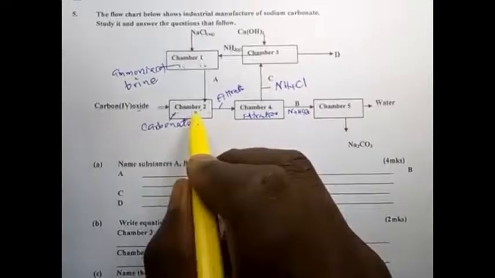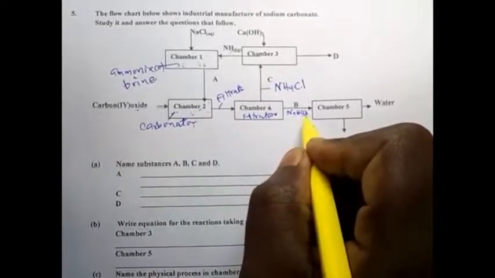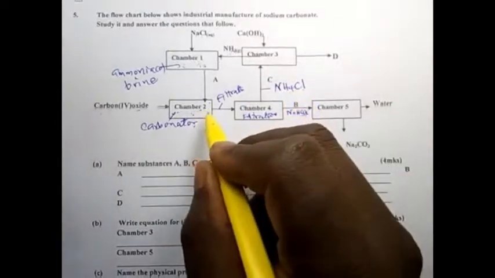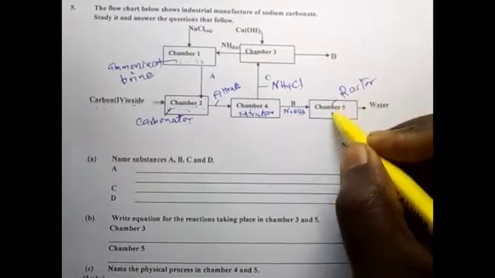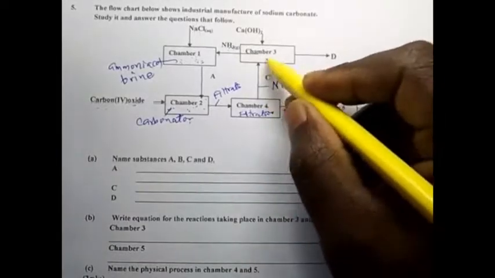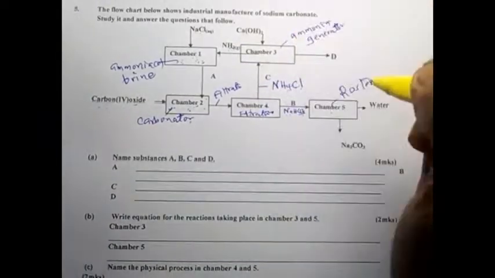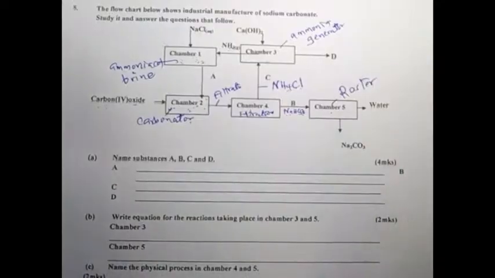The two products in the carbonator are sodium hydrogen carbonate and ammonium chloride. Those are the two, and this one goes to the roaster. So this chamber is called the roaster, and we can see clearly that this ammonium chloride is getting to chamber 3, the ammonia generator. After a concept like that, it becomes very easy to know what you are going to do.